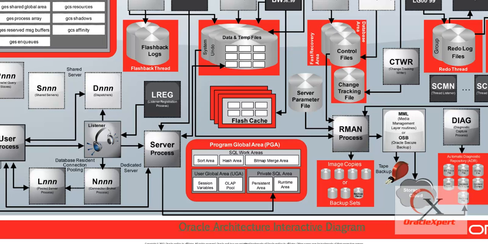Then you have the streams pool. The streams pool stores buffered queue messages and provides memory for Oracle Streams capture processes and apply processes.